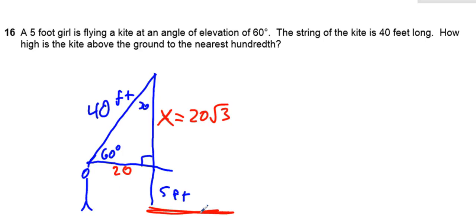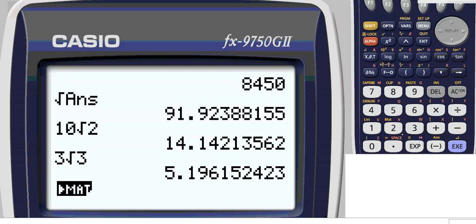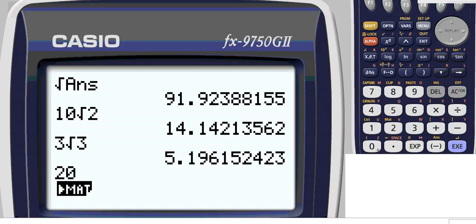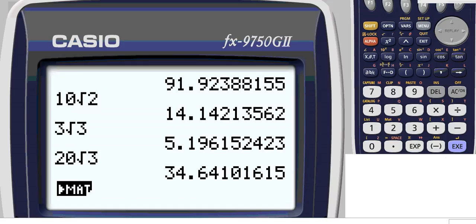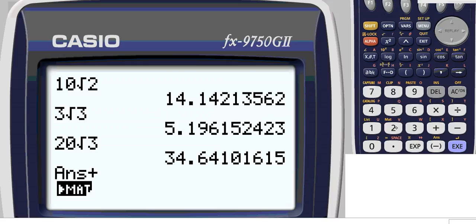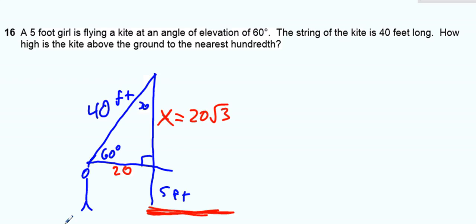So the total distance from the ground is that 20 square root of 3, the height above her head, plus her own 5 feet. So 34.6 plus 5 feet is 39.64 feet.